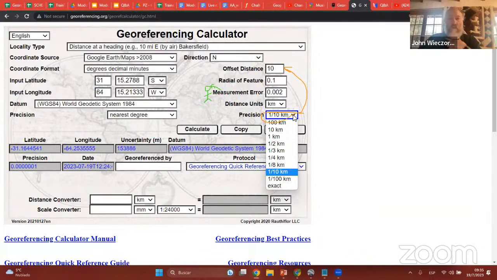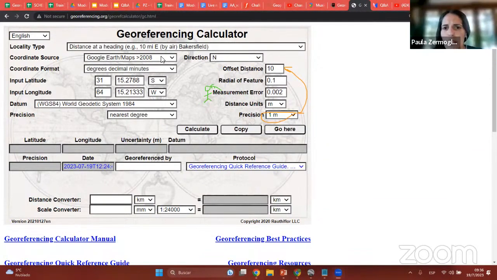Right now, we have kilometers chosen as our distance units, and you can see everything in the precision box is also in kilometers. But if we change the distance units to meters, then all of our choices are based on meters. And that's why that distance units box is so important. It has to be the units that were used in the locality description. We have no other choice about that, because otherwise we can't represent the precision correctly.